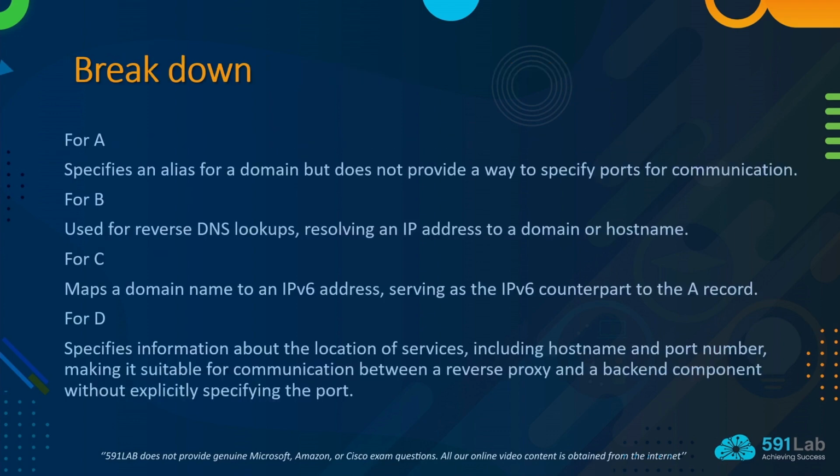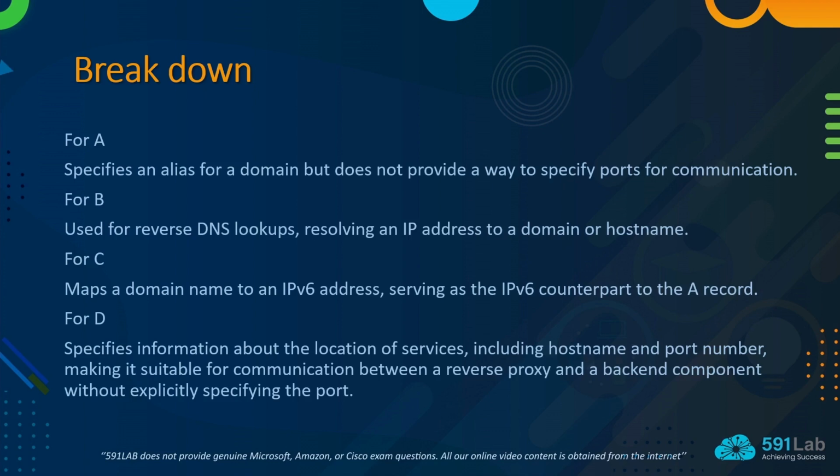Let's break it down. The CNAME record is used to map an alias, like a subdomain, to the canonical domain names. It's mainly used for creating aliases of domain names, but it doesn't provide a way to specify ports for communication.